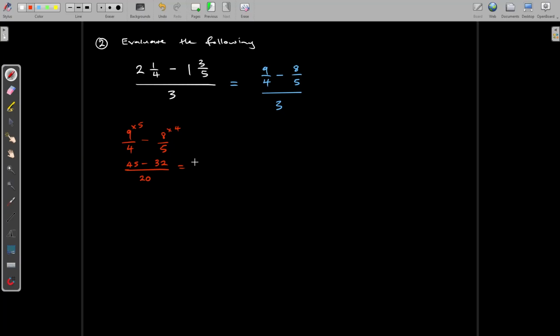So when I work out that, I got 13 over 20. So 13 over 20 over 3.